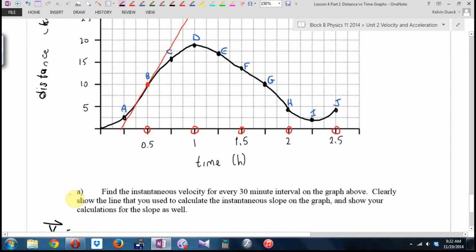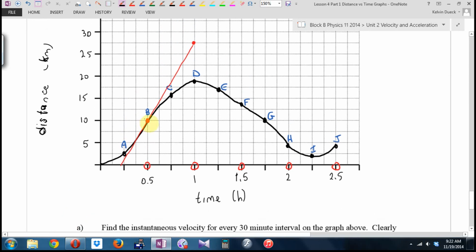For me, my rise is 1, 2, well, let's see, 25. What's halfway between 25 and 30? Exactly. Okay, so mine is 27.5 here and 10 here.